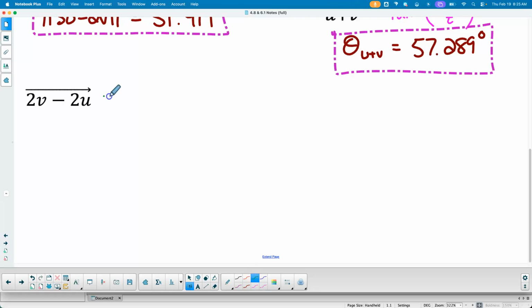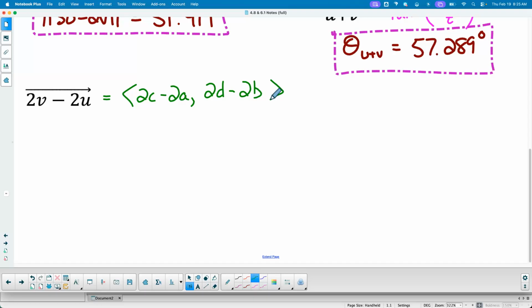So this should be the vector 2c minus 2a, comma, 2d minus 2b. Because it's 2v minus 2u. Okay?